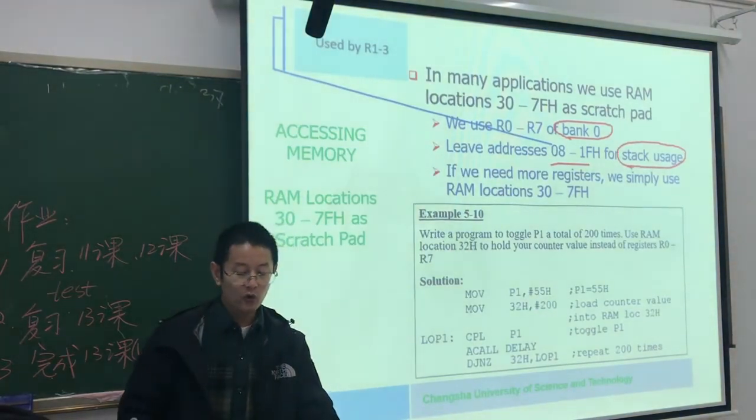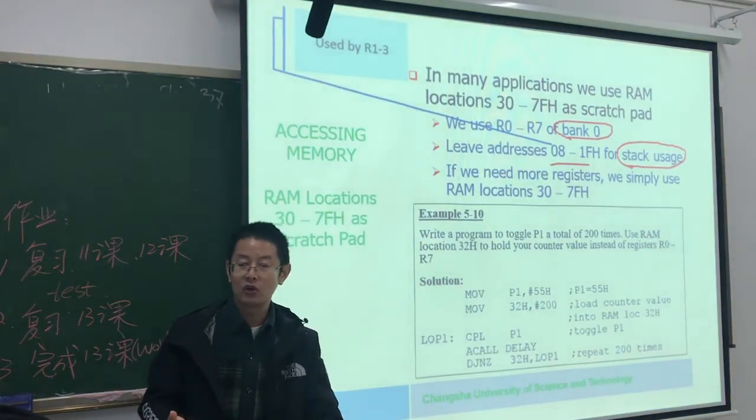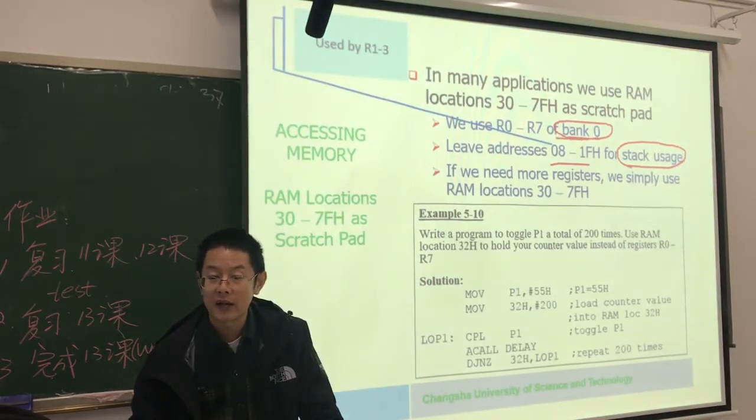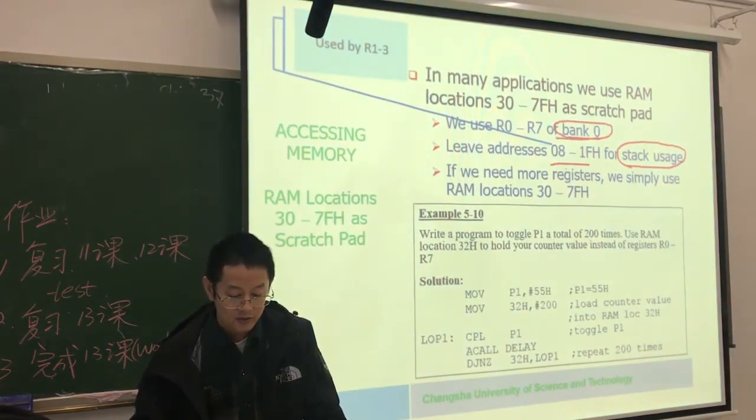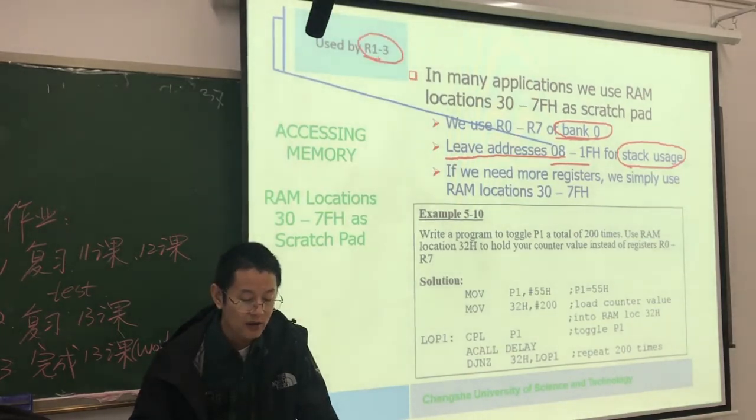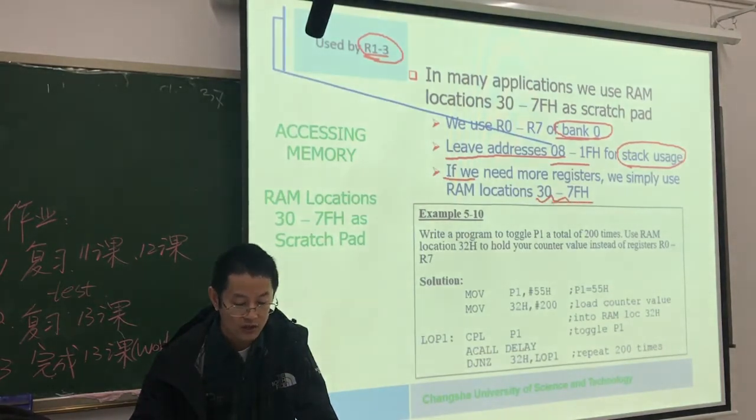Which means if you reset or power on your microcontroller, we use bank 0, but banks 1 to 3 we leave for the stack. If we need more registers, we simply use RAM locations 30H to 7FH.